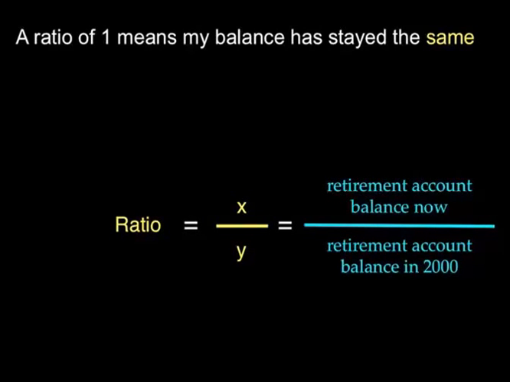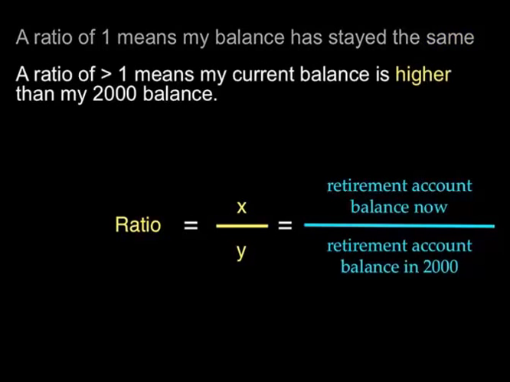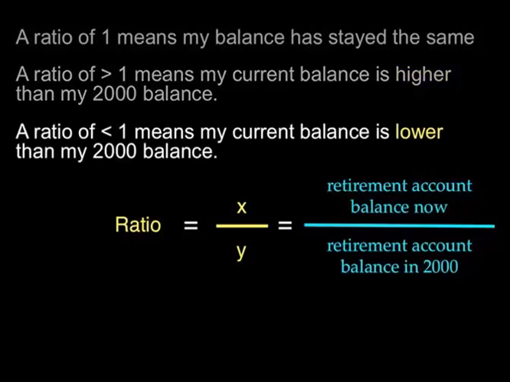And a ratio of 1 means my balance has stayed the same. A ratio of greater than 1 means my current balance is higher than my 2000 balance. That's good. A ratio of less than 1 means my current balance is lower than my 2000 balance. That's bad.